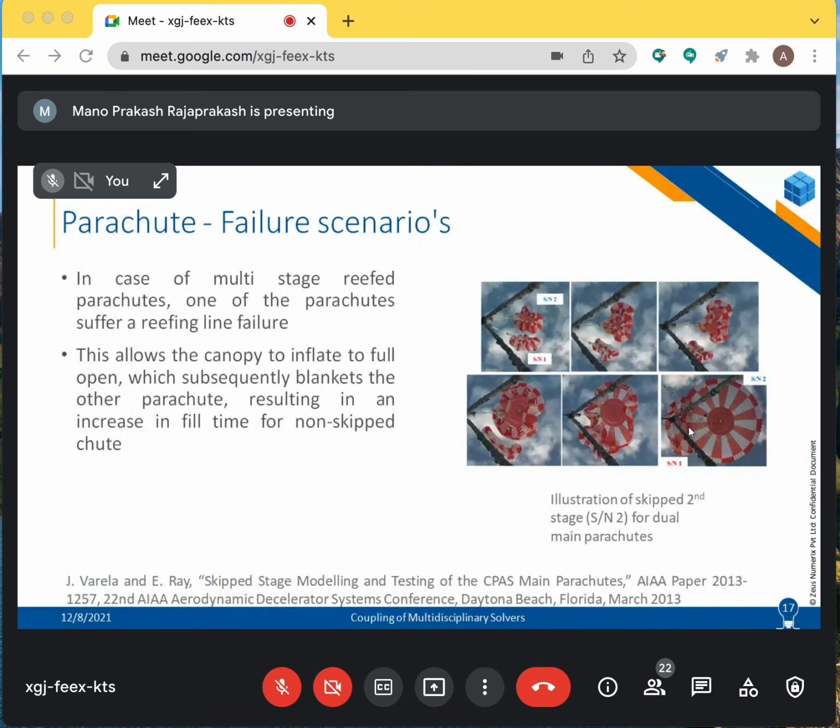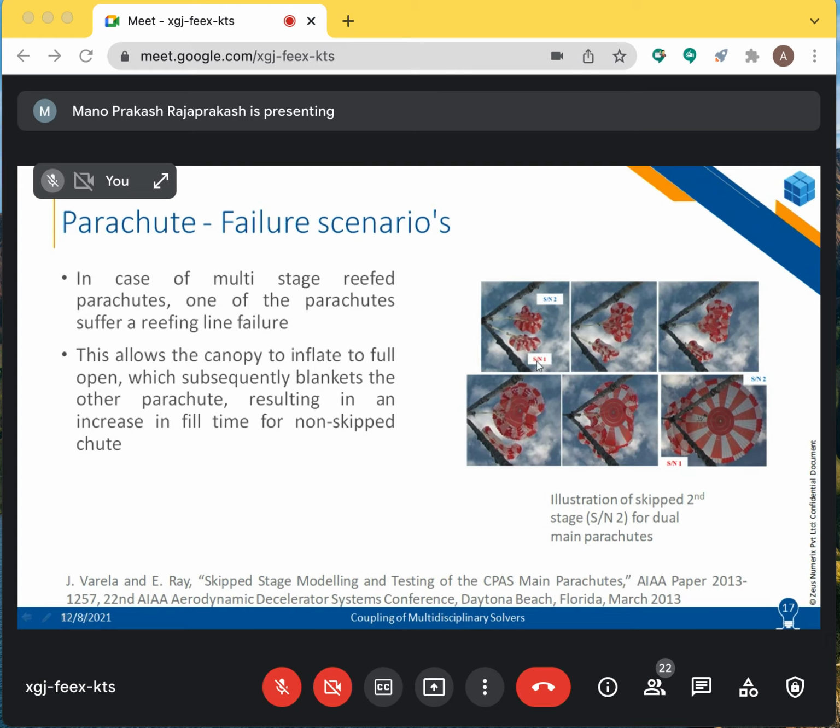When I model the aerodynamics of the parachute, the software or the simulation model should also be able to accommodate the failure scenarios that can occur in parachute deployment or during a certain phase of inflation. Now, in this scenario, we see that the parachute system actually has two canopies.